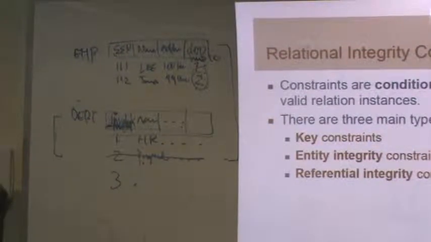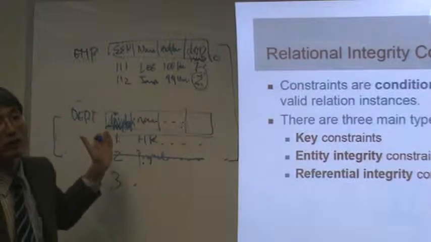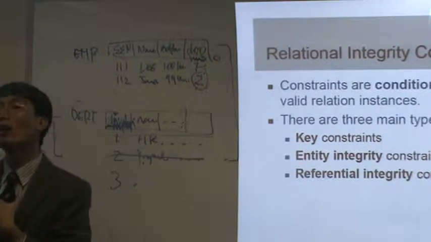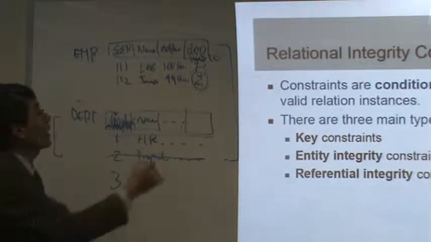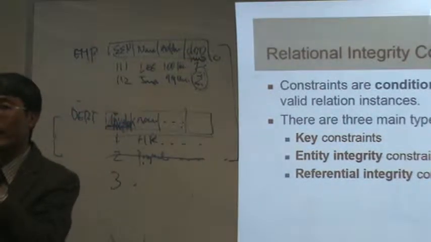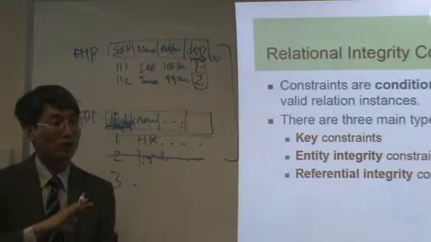Okay? But actually, when Dr. Codd proposed such a modeling, his idea was based on the domain. But nowadays, as long as the types are comparable and the data is the same, it will be accepted.